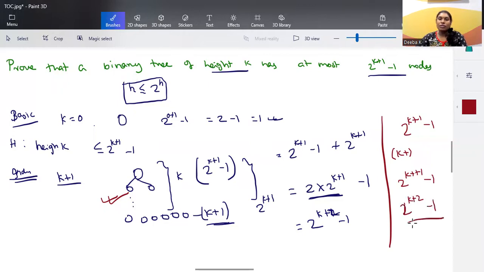So this is satisfied; both are the same. With this, we can say that a binary tree of height k will have at most 2 power k plus 1 minus 1 nodes. This is how we prove something using the proof by induction method. Thank you.